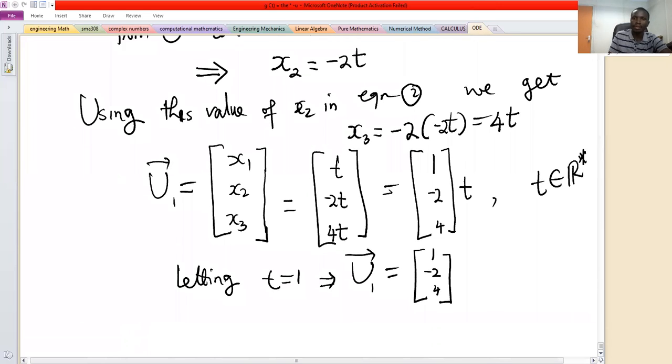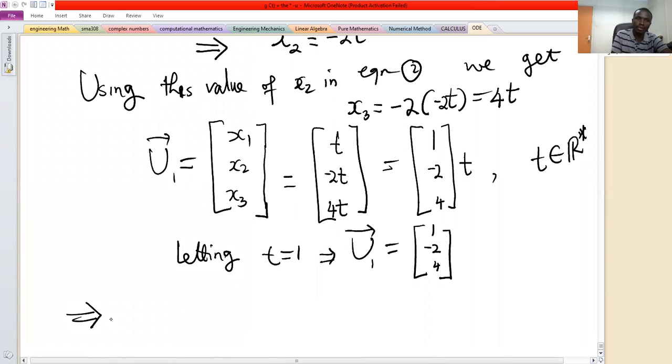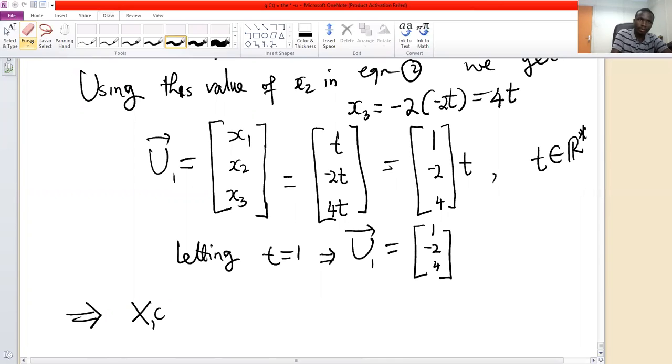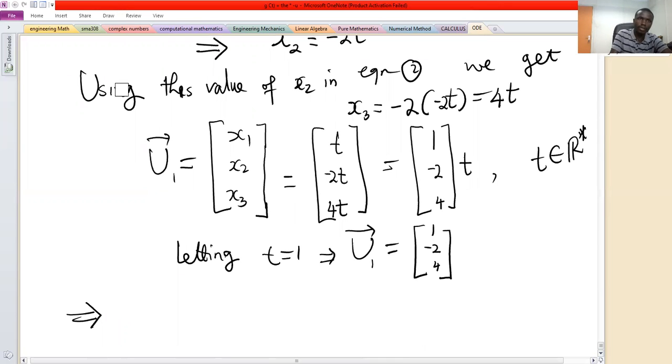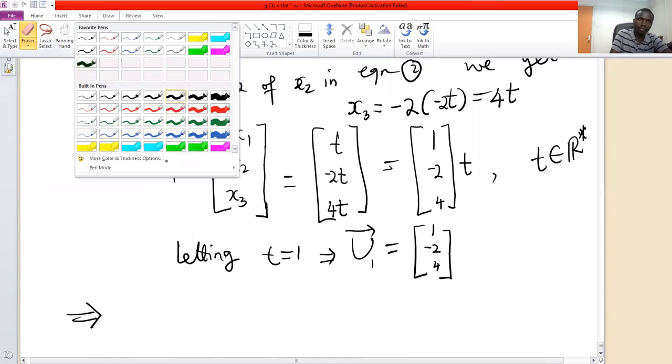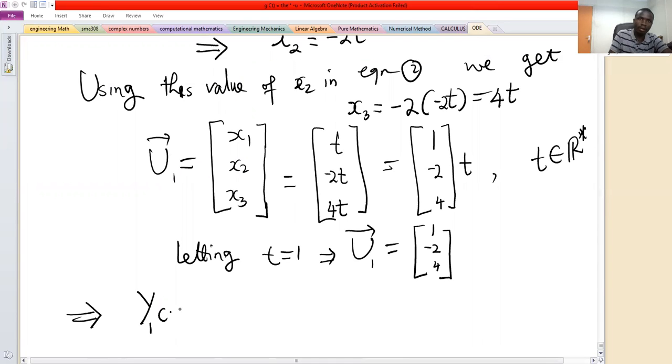And therefore, the first solution y1, because actually the equation is in terms of y, the first solution y1 of x, because the problem is in terms of x, is e raised to the power lambda 1 x times u1.